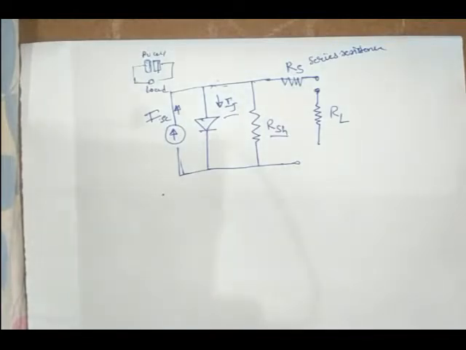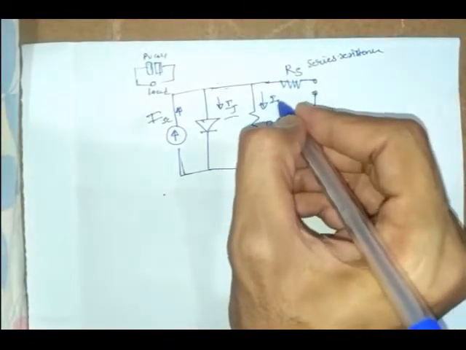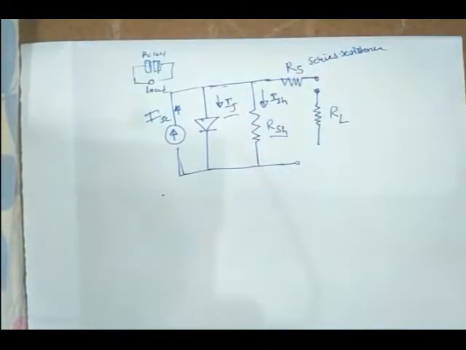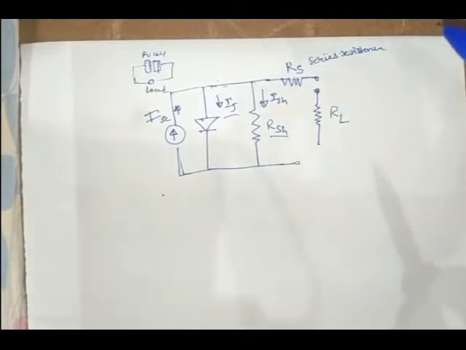ISH is the current that flows through the internal shunt resistance. So we represent the circuit as a resistance. There will be some resistance offered by the circuit to the flow.